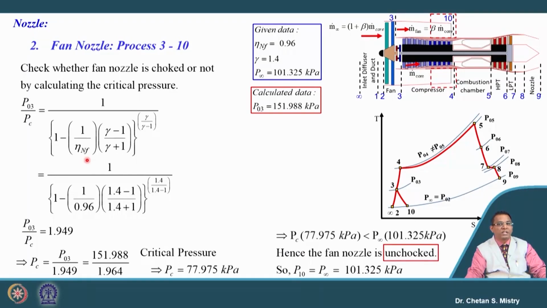So, here when we compare, this pressure is lower than the atmospheric pressure, and that is the reason why my nozzle is an unchoked nozzle, and because of that my exit pressure from the fan nozzle will be the atmospheric pressure, 101.325 kilopascal. Okay, that means for this numerical, both the nozzles are unchoked nozzles. So, you need to do this calculation very carefully.